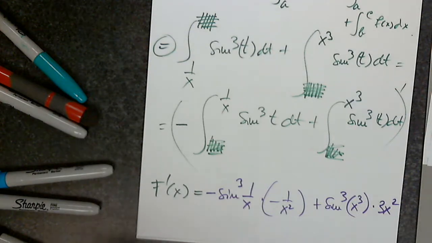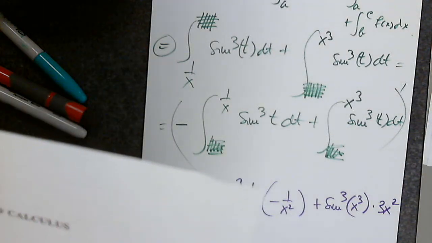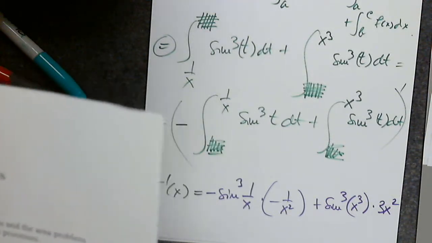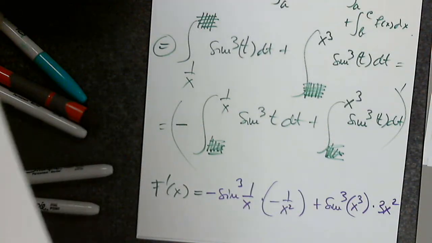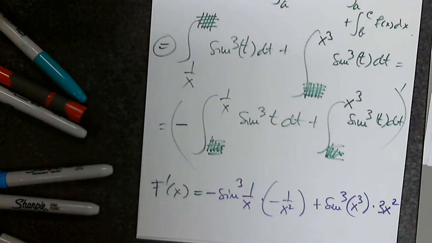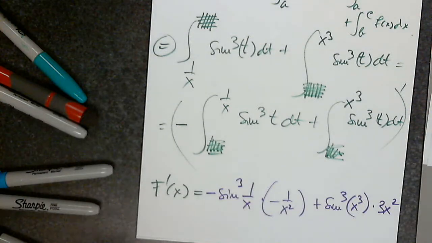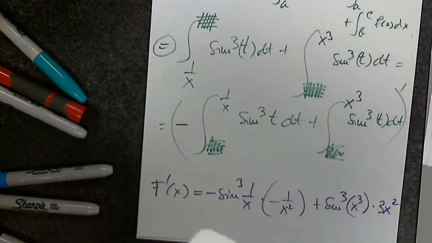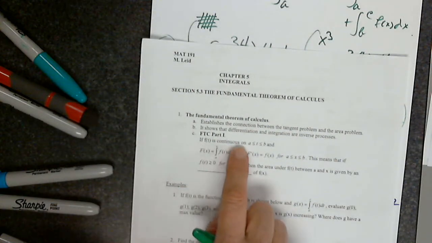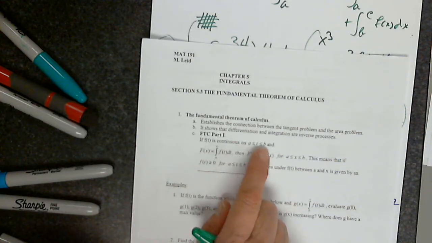Okay, now we're ready to come back and look. Any questions? So f of t is a continuous function, and t is between a and b.